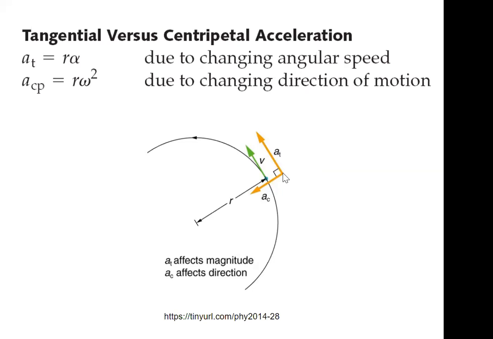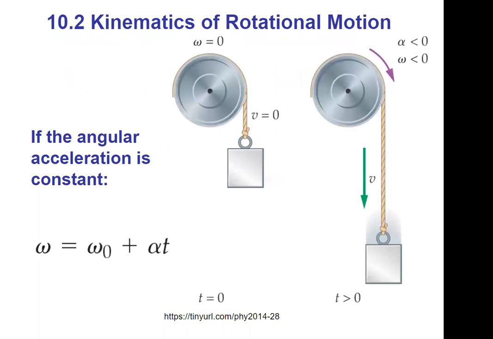But many times v will also be changing, so you have that component. If that's the case, then angular acceleration alpha is not equal to 0. A_T is not equal to 0, so alpha is not equal to 0. On the other hand, if alpha is not equal to 0, then you have acceleration in the tangential direction.